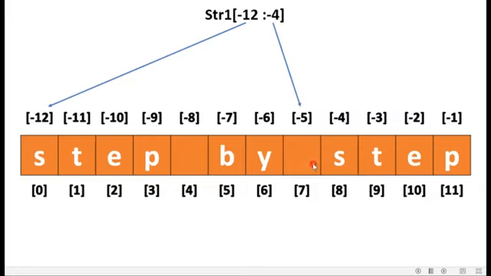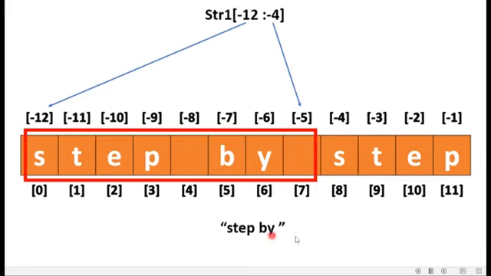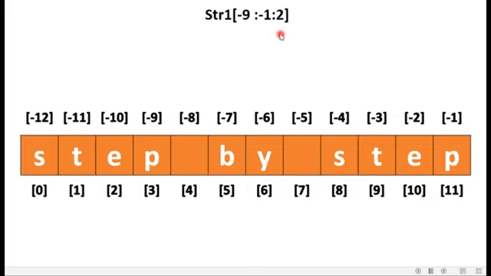And let's see what will be printed. This will be printed in this range. So this is my negative indexing. But it is taking place from left to right only because no stride value is given. And if it is not given, by default, it will be considered as positive. Next example is -9, -1, -2.